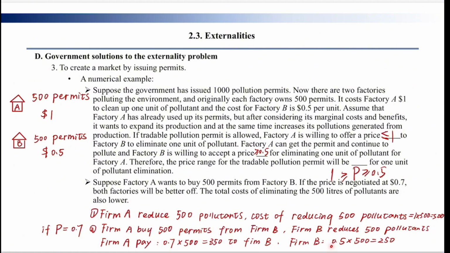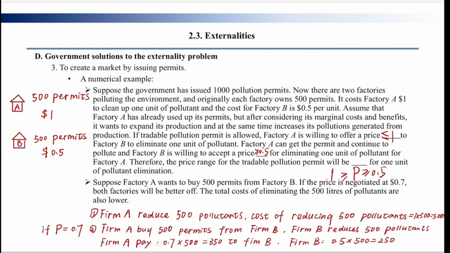How much does factory B need to spend? Since factory B has sold the permits to factory A, it has to treat its pollutants by itself. It needs to spend 0.5 times 500, which is equal to $250 to treat its own pollutants.